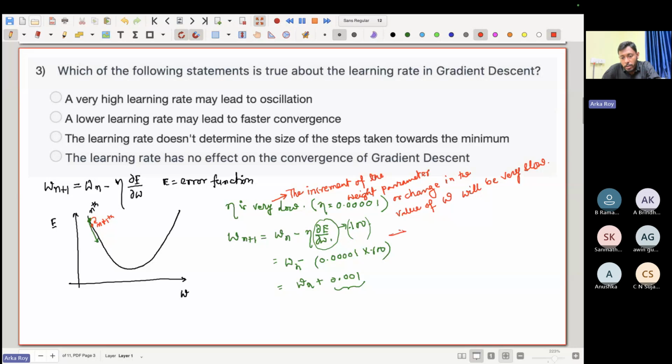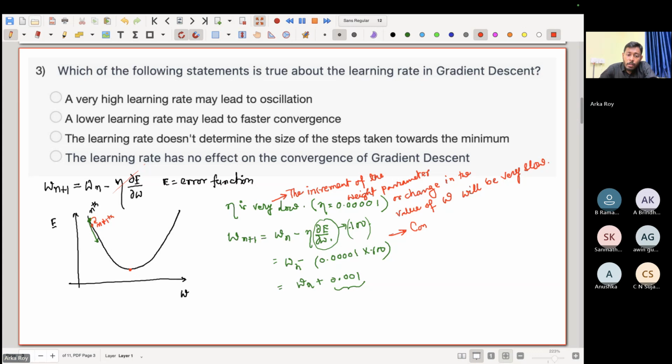And this basically indicates the convergence, because what you are trying to do is reach the minima. If you reach the minima, then the derivative will reach zero, and therefore this whole thing will go to zero, and Wn plus 1 is equal to Wn strictly. So at that point your optimization process will stop, because your current weight value is equal to the previous weight value.